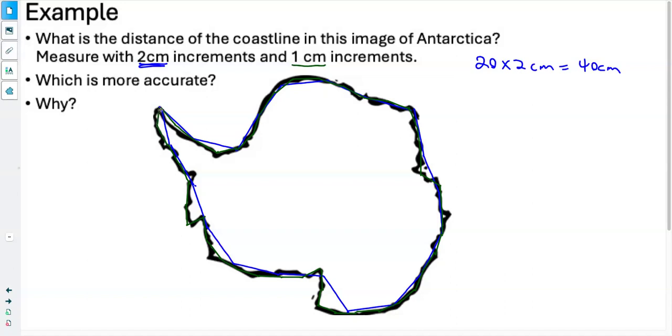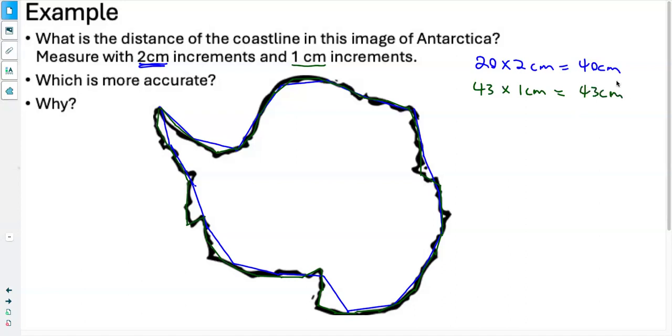Okay, so we drew that in. This time as I went around, I counted how many we did in my head. Essentially, we did 43 segments that were each 1 centimeter long. So we got 43 centimeters.